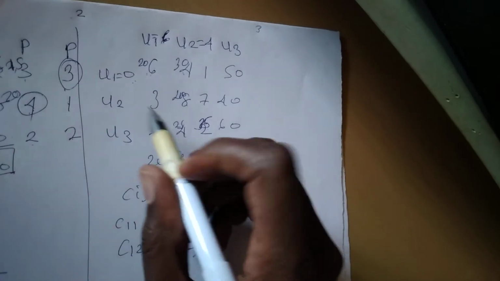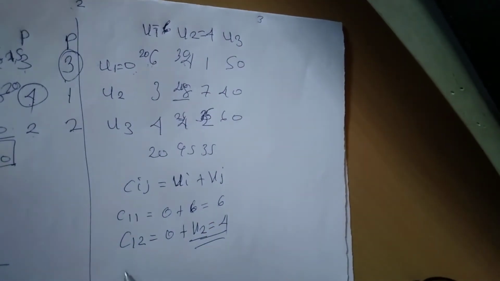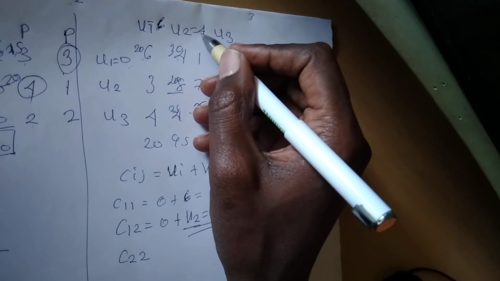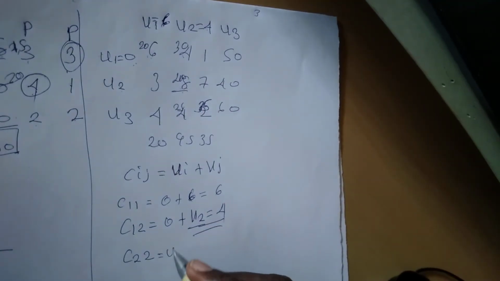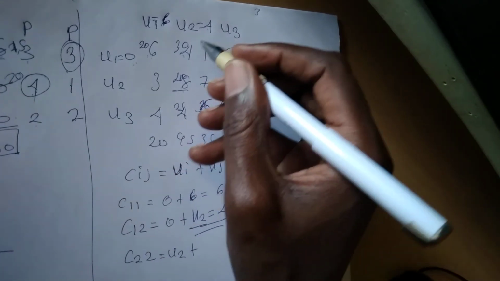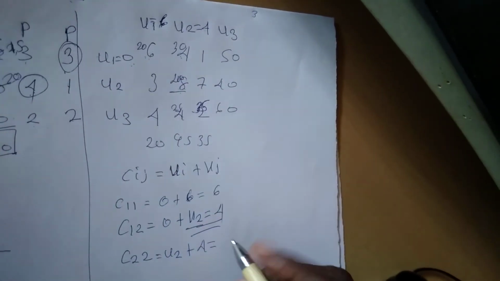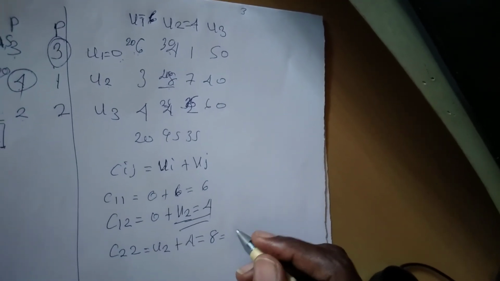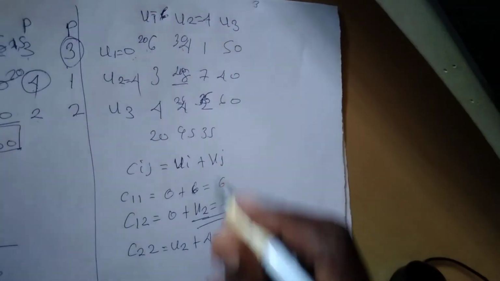Then we come to the occupied cell c22. Our value here is 4, so u2 plus v2, which is 4, equals 8. Of course, our u2 will be 4. So you come and write 4.